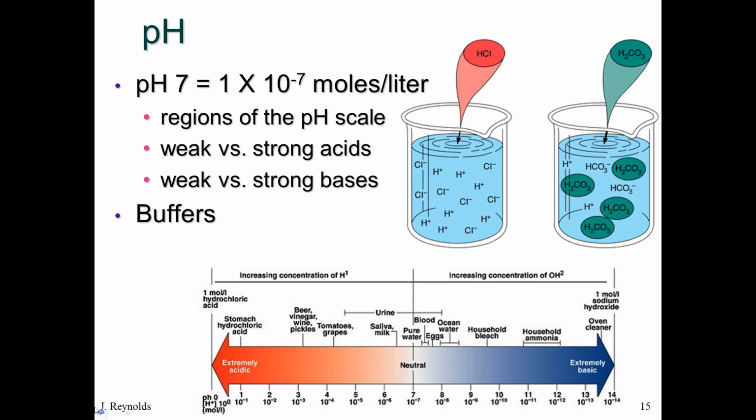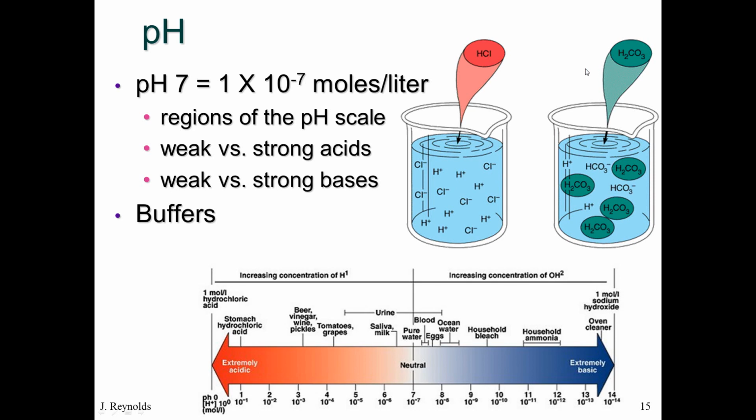Strong acids are down at 0, 1, 2. Weak acids at the 5 and 6 area. So again, if you look up here at the picture, you've got 2 acids, hydrochloric acid and carbonic acid. Hydrochloric acid in water dissociates totally into its 2 ions, hydrogen ion and chlorine ion.